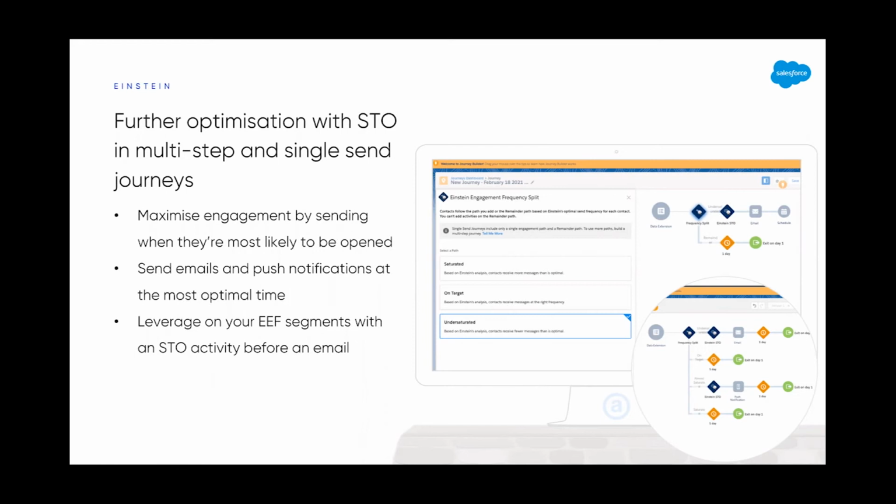This will ensure that your messages will be sent when your messages are most likely to be opened. Now you can optimize your send times to get the maximum engagement for both single send journey and multi-step journeys. With both of these enhancements for Einstein engagement frequency and Einstein send time optimization, let's take a look on how these features can help your business.